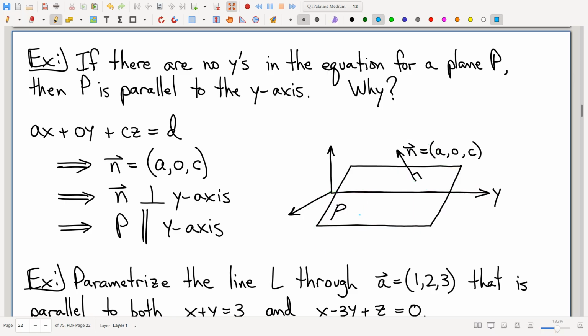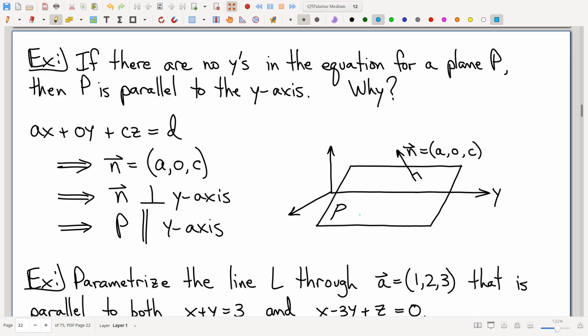If you're in the market for a practice problem, or if you want to test yourself, do you really understand the argument that I made here? A great way to test it would be to set this aside, take a clean sheet of paper, no cheat sheets, no notes. State and prove the equivalent result for the x-axis or the z-axis.